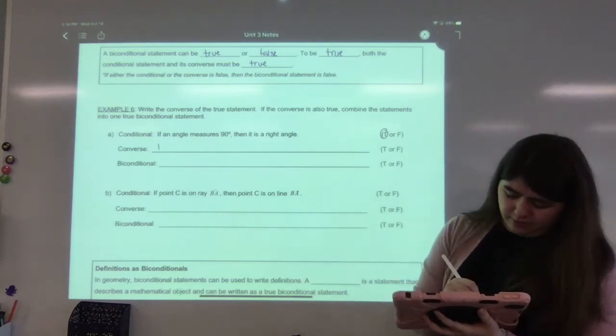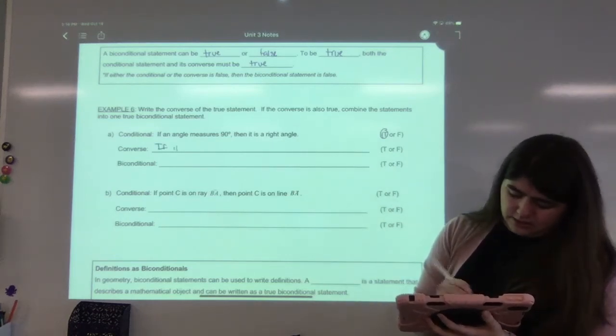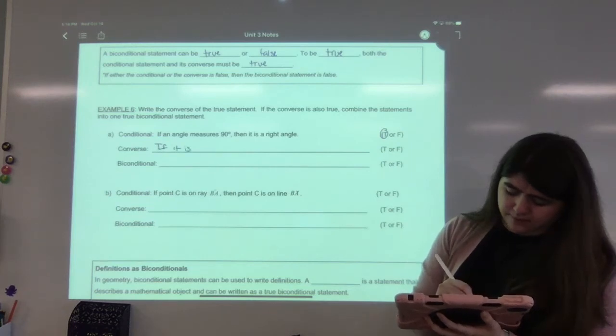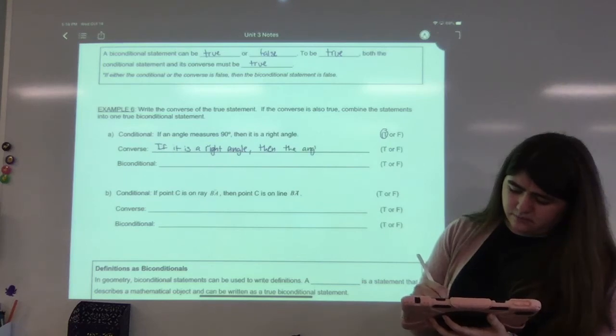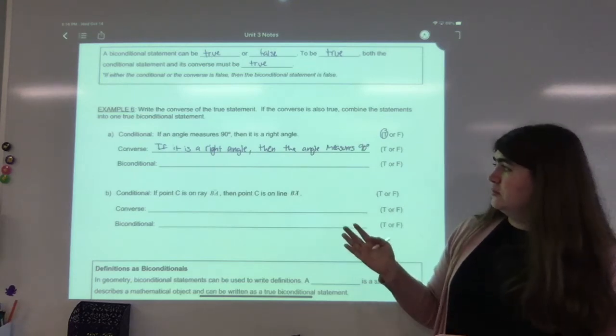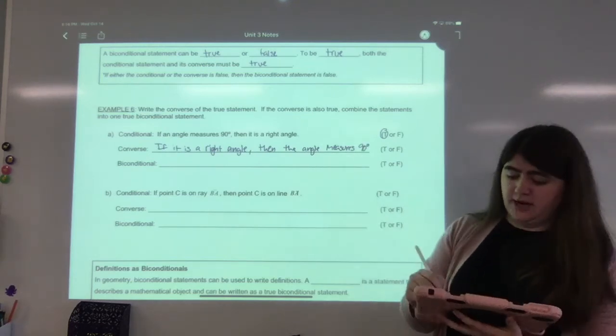So if it is a right angle, then the angle measures 90 degrees. Is that true? Yes, it is. Right angles measure 90 degrees.